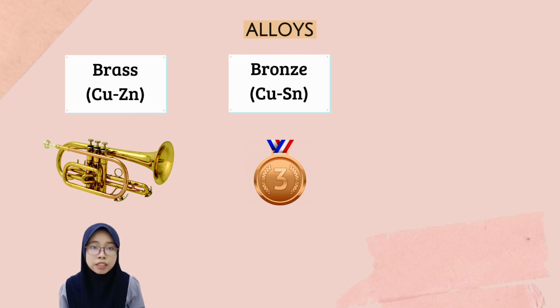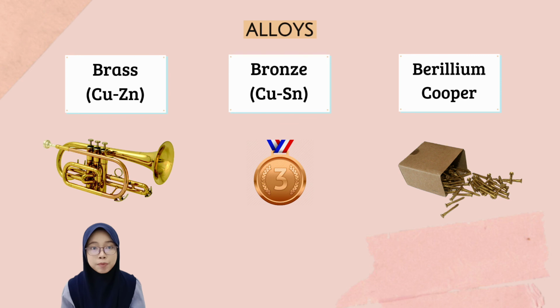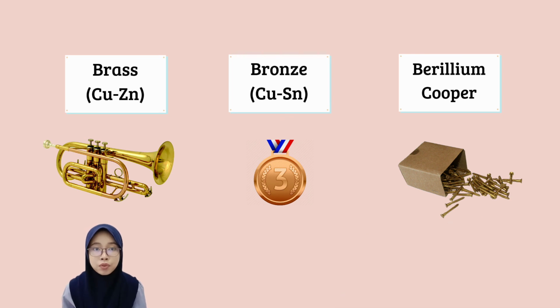This combination is used to make statues, coins, bells, and gongs. Lastly, beryllium copper presents as a non-sparking and non-magnetic alloy that works well in hazardous workspaces, such as wrenches, screws, pliers, drivers, and other household tools.